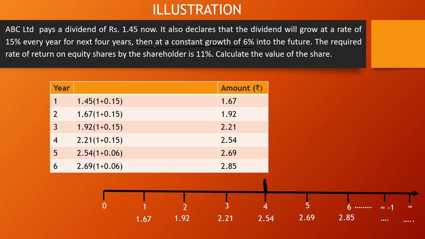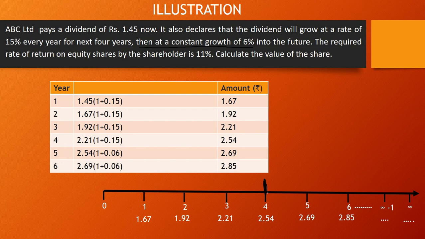And after the 4th year, that means starting from the beginning of the 5th year till the life of the share, the dividend growth rate is constant. So the first thing that you have to remember: the year beyond which your dividend growth rate is constant, we have to calculate the price of the share at that particular point. So in this question, beyond the 4th year, the growth rate is constant.